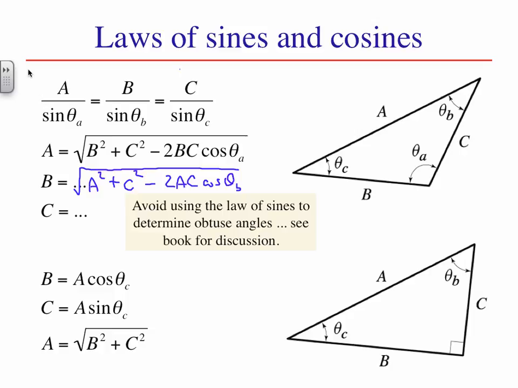In the limit that one of the angles, say theta A, becomes 90 degrees, we have a right triangle, and sine of theta A equals sine of 90 degrees equals 1.